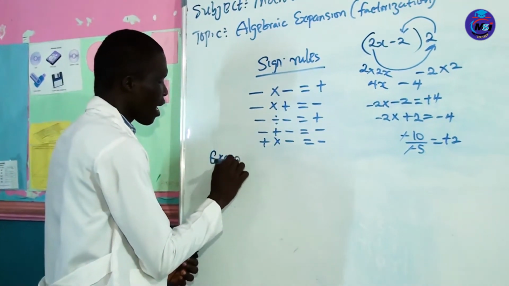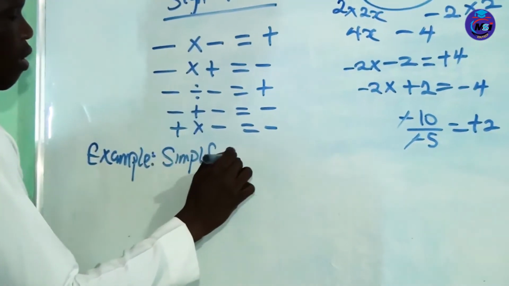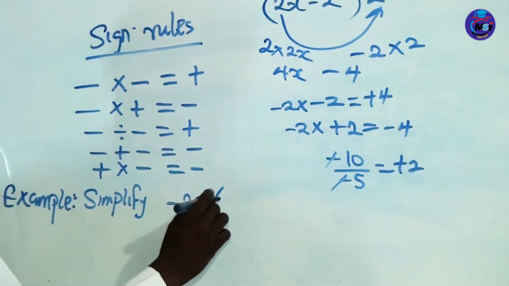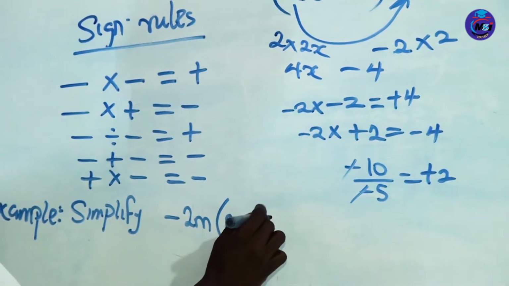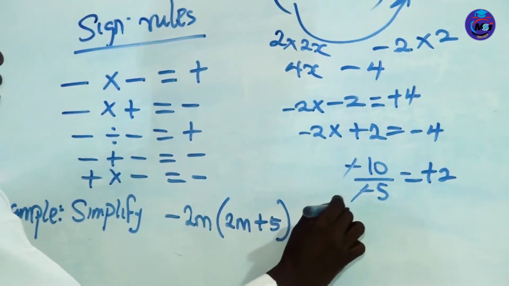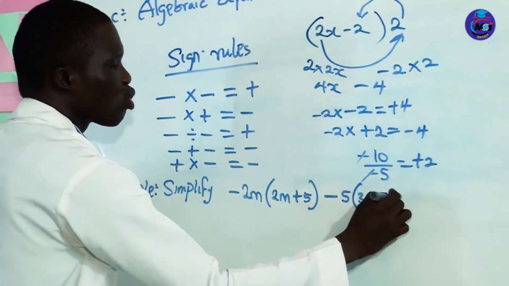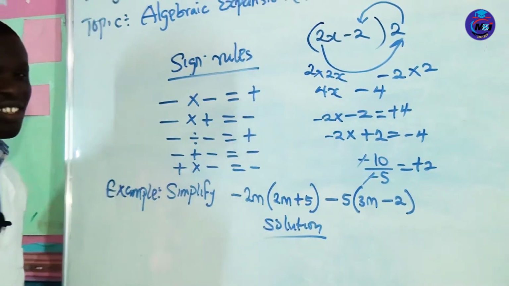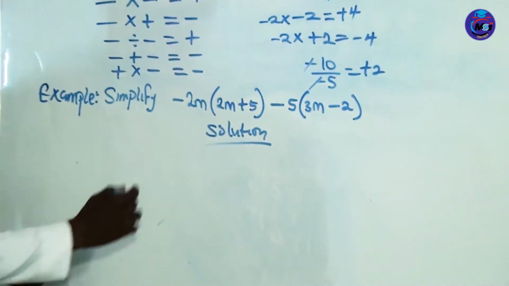Example: simplify minus 2m bracket 2m plus 5, minus 5 bracket 3m minus 2. Okay, let's solve this question together. Don't get confused. Now, this is the question given to us. What are we going to do?